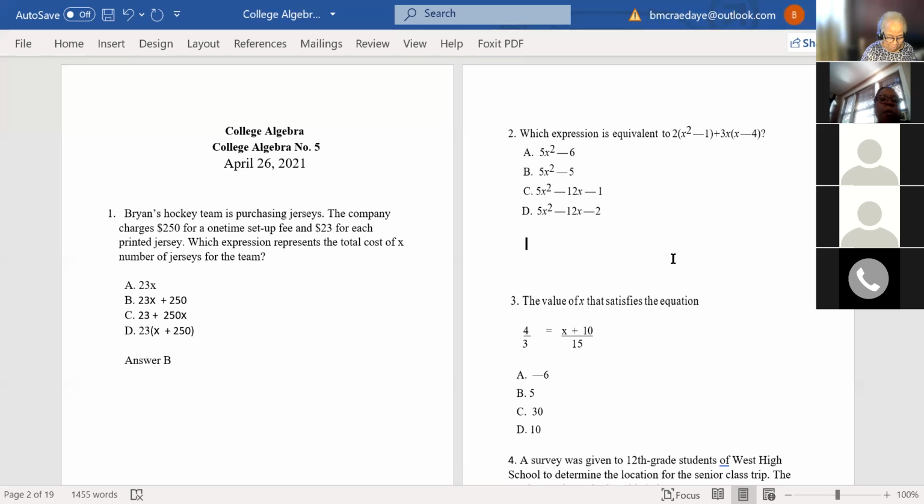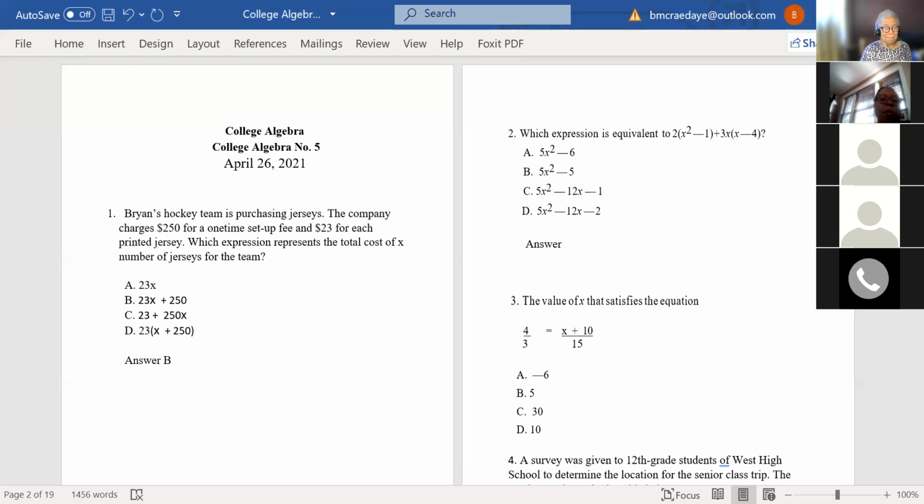Minus 1 plus 2x minus 2. You'll do your multiplication, combine your like terms. Tell me the answer you get. Minus 4 minus 12.